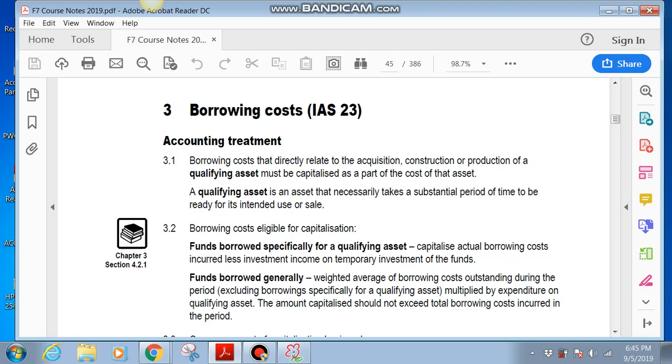Borrowing costs, as we defined earlier on, are costs, basically interest, which you pay when you have borrowed money. But in this case, the borrowing costs that are directly related to the acquisition, construction or production of a qualifying asset must be capitalized as part of the cost of that asset.